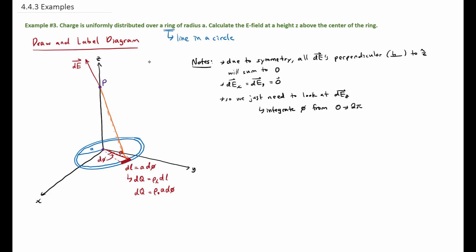Next, we want to be able to find dEz. So we know dE is equal to k dq over r squared, r hat. And we know that r hat is simply going to be x, y, and z over the length of r.